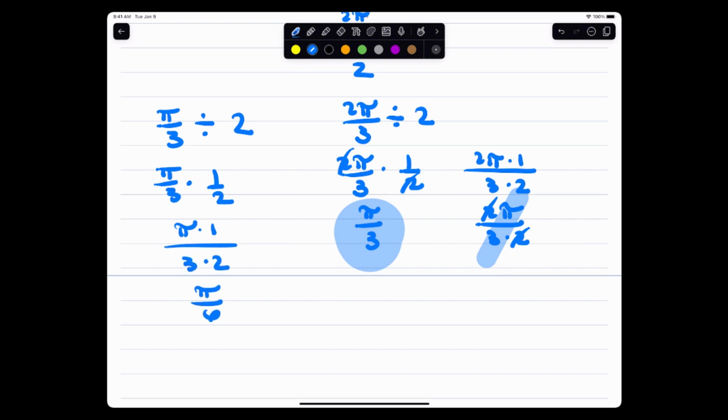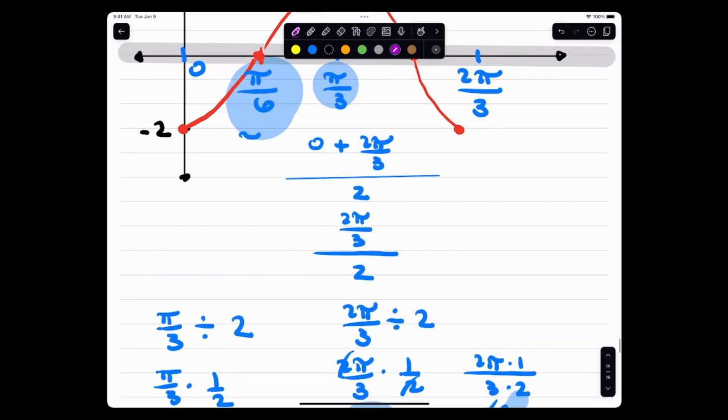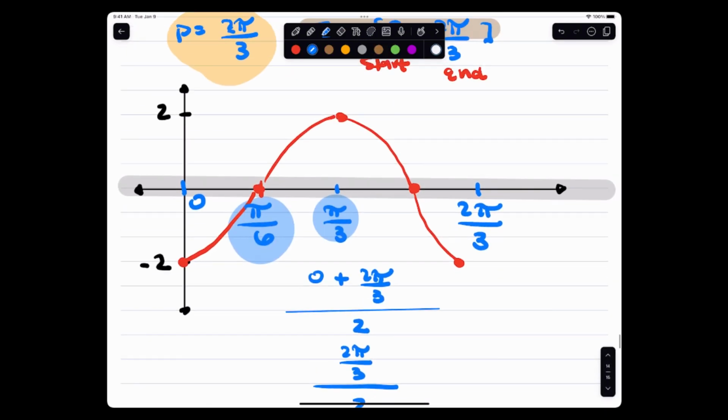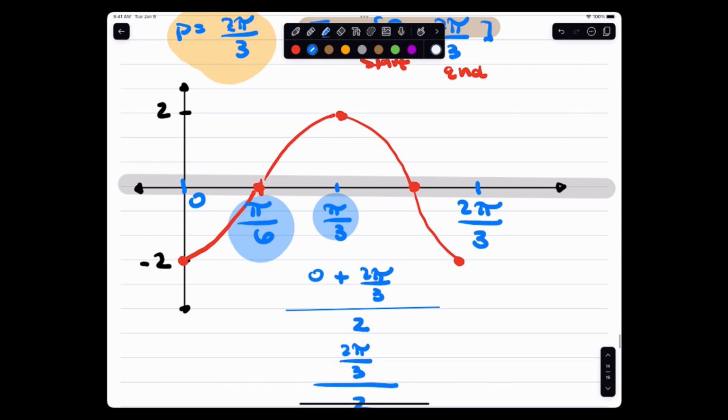Pi over 6. Okay, because this is how we multiply fractions here. So I might try to take a look in my videos, see if I have arithmetic with fractions. I think I do. Arithmetic with fractions, right? How to multiply fractions and simplify fractions.